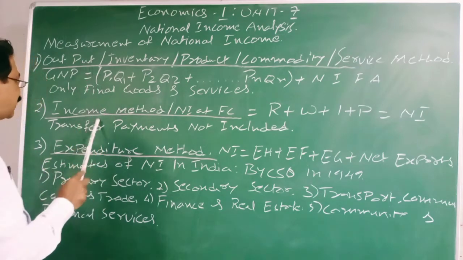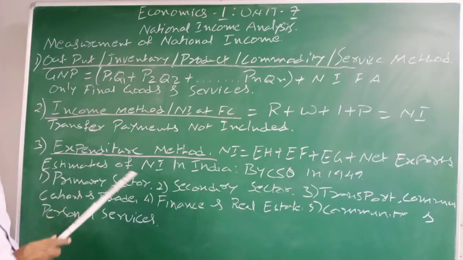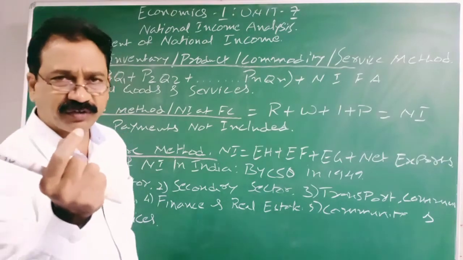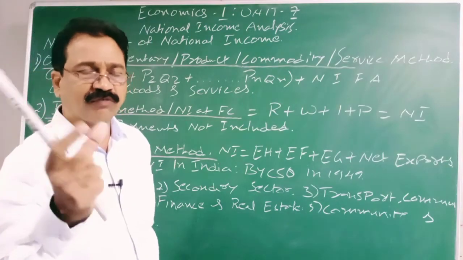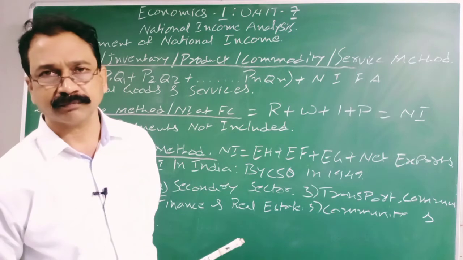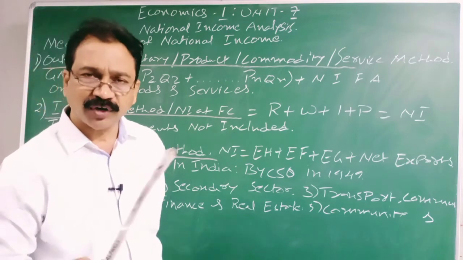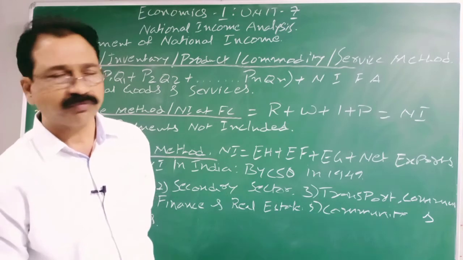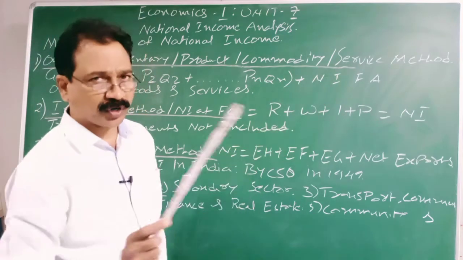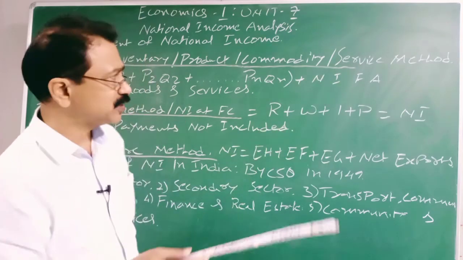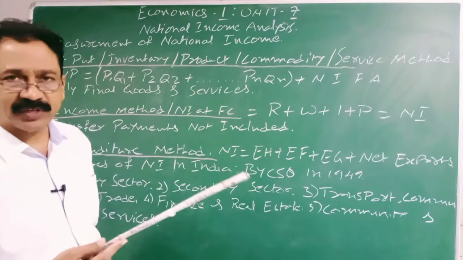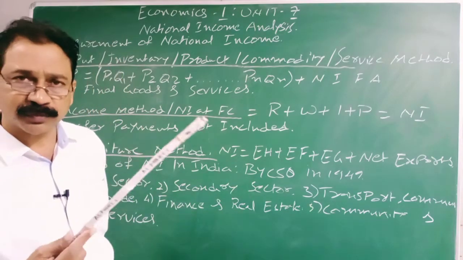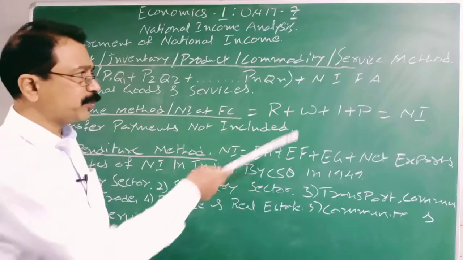So we are using 3 methods, but these 3 methods will give, with a little bit of difference, the same amount of national income. Simple. Whatever been produced, that has to be multiplied with the market values. That has to be added by net income from abroad. You know, GNP at market price will go like the same way. C plus I plus G plus X minus M, exports minus imports plus net income from abroad.